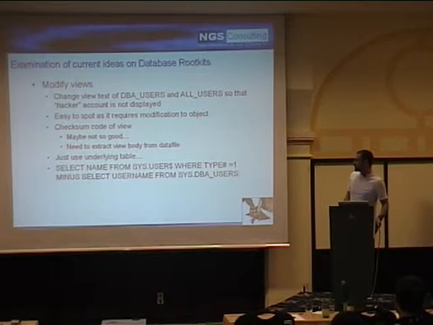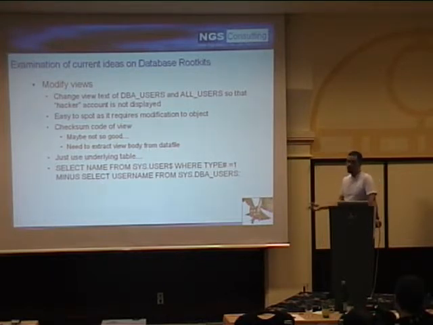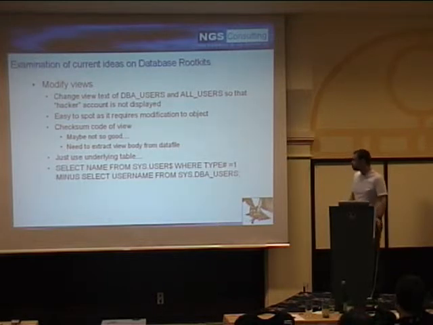So essentially, you need to go to the data file itself, extract the view body from that, and do your checksumming on that directly. Another way of not worrying about the views problem is essentially just to use the underlying table itself. Rather than relying on DBA_USERS, just use the SYS.USER$ table and so on.